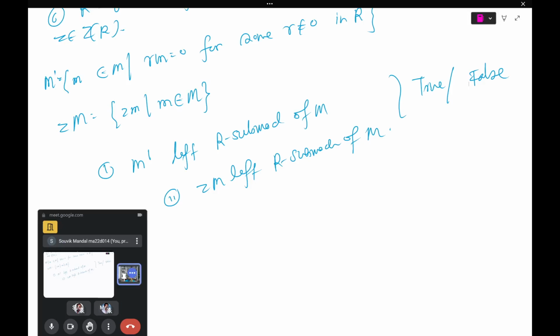Before that, tell me what is the if and only if criterion for a subset being a submodule? What is the equivalent criterion for this?